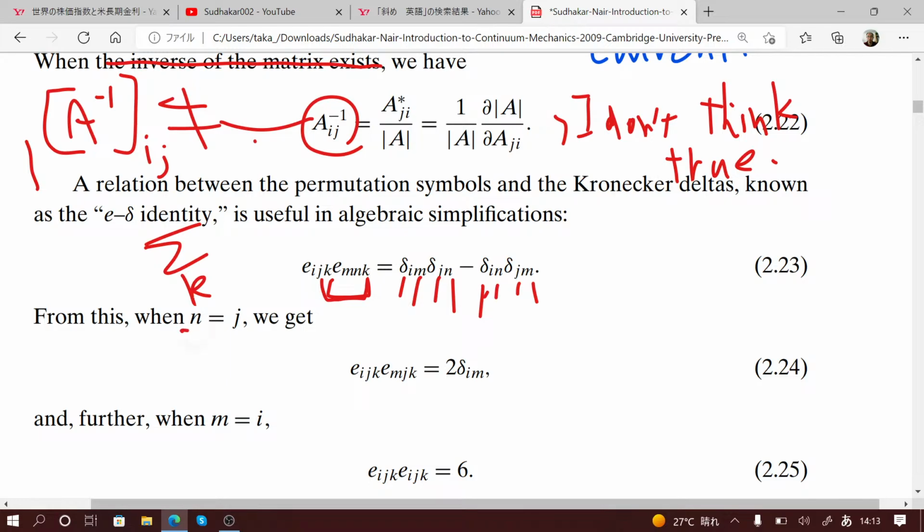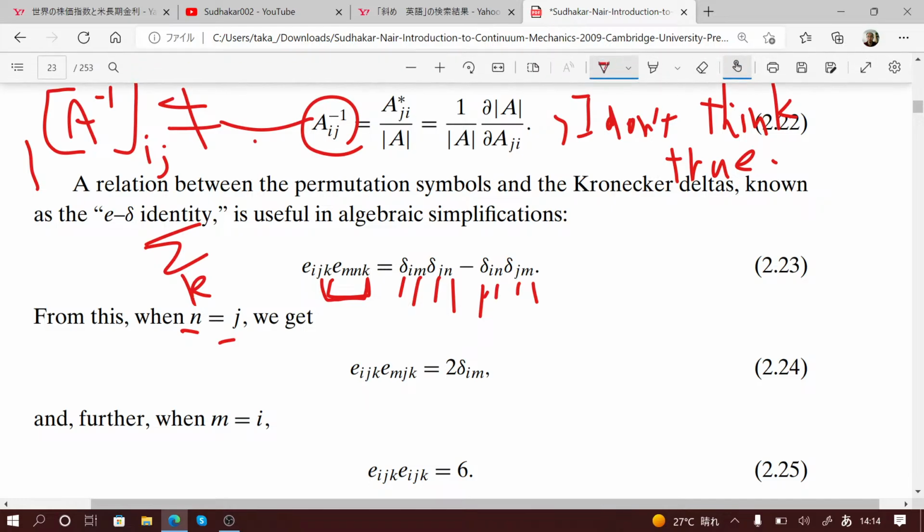So when n equals j, we get, actually it's easier to see this side. n equals j.